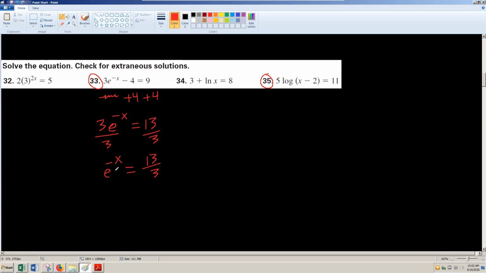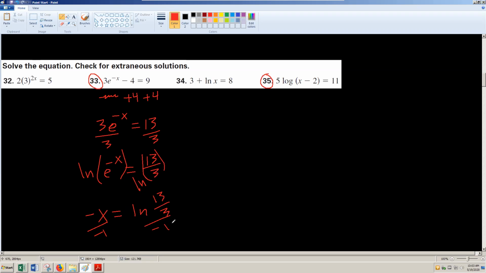From here, I want to get the e gone, so I want to get x by itself. To do that, I'm going to take the natural log. If I take the natural log of an e thing, it's going to just give me that thing itself, whatever the exponent is. So natural log of both sides gives me negative x equals natural log of 13 over 3. And my last step is just going to be divide by negative 1.